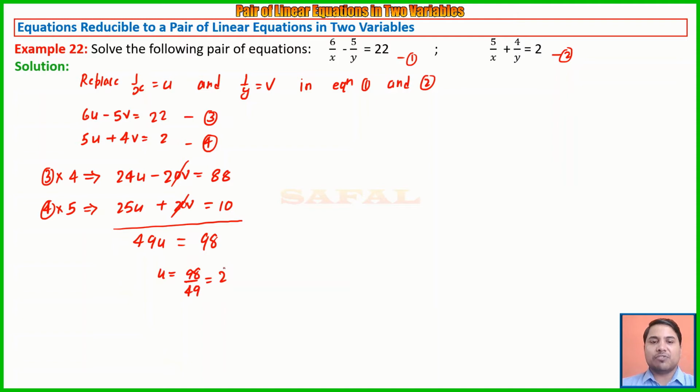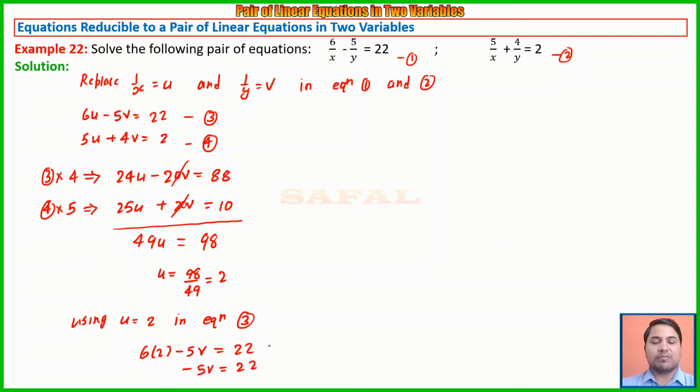So the value of u is 2. Now u I can replace in equation 3. So using u = 2 in equation 3: 6 into 2 minus 5 into v equals 22.